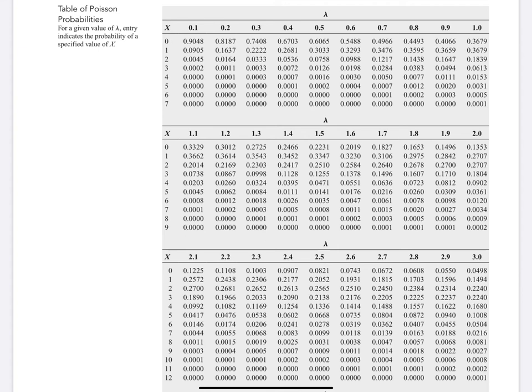So it's going to be this column, right? And then I'm interested in the probability that x is 0. So in this case it is 0.1225. The probability that x is 1 in this case is 0.2572, and then the probability that x is 2 is 0.27. Okay.